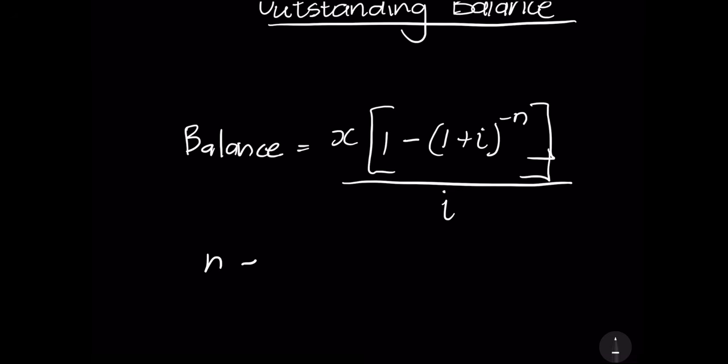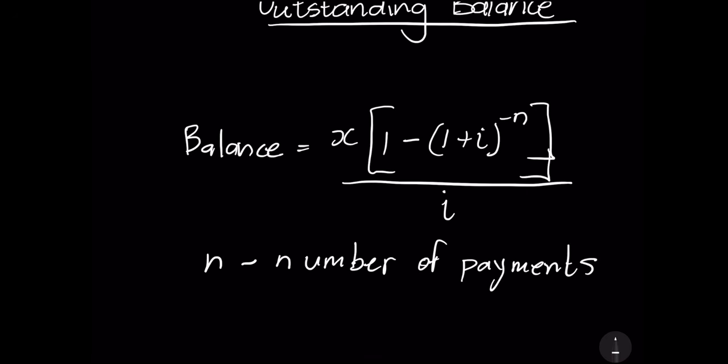So n is the number of payments that are still left, or the number of payments that are still outstanding, the ones that you haven't done.